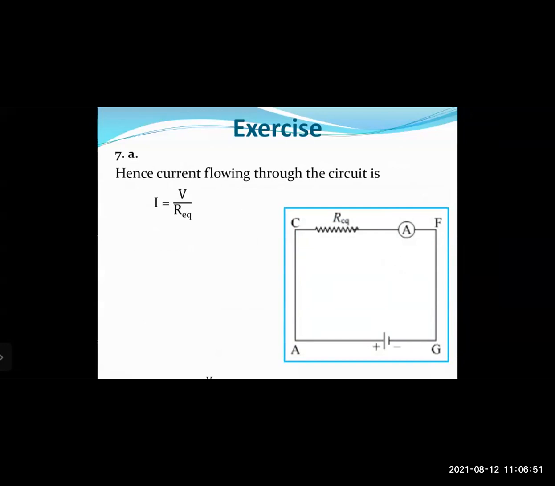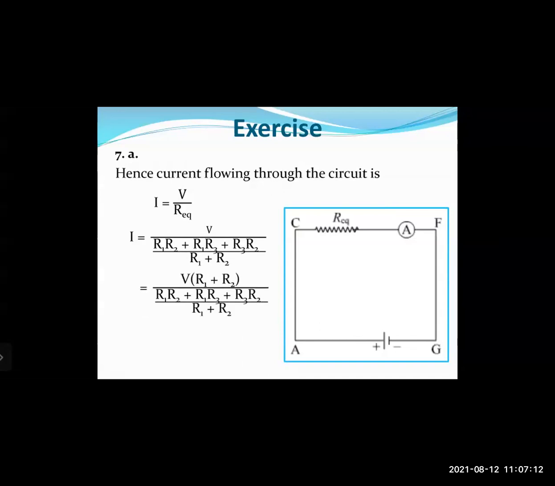If you substitute the value of R equivalent, the total resistance, what do we get? I is equal to V divided by R1 R2 plus R1 R3 plus R3 R2 divided by R1 plus R2. So what will happen now? The R1 plus R2 from the bottom denominator will go up in the numerator. Got the point? So that is the final result.